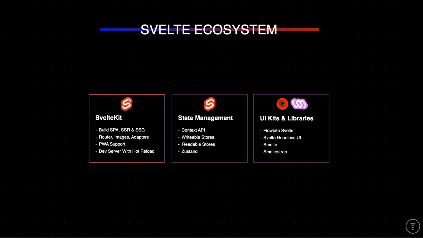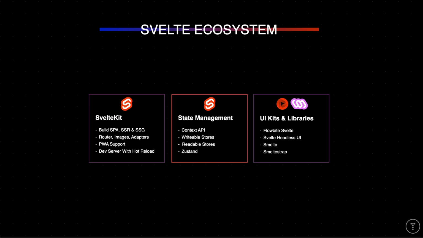Sapper was the original meta framework for Svelte, but it's no longer supported. So SvelteKit is basically the new version of Sapper. And state management is really well integrated. You don't really need to reach for a third-party solution because SvelteKit has a context API and built-in readable and writable stores that you can use to share data between components.